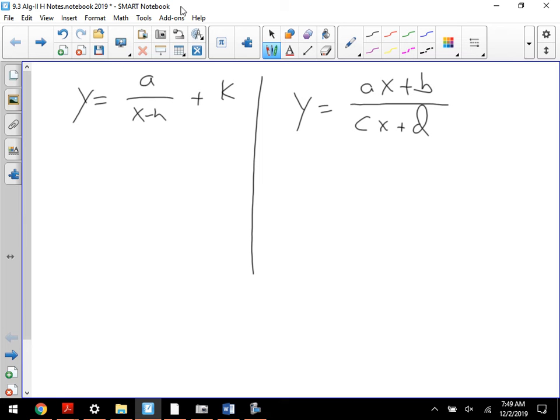With any rational function, whether you start dealing with the asymptotes, your vertical asymptote is always at the zeros of the denominator. That's one thing that always holds true for everything.